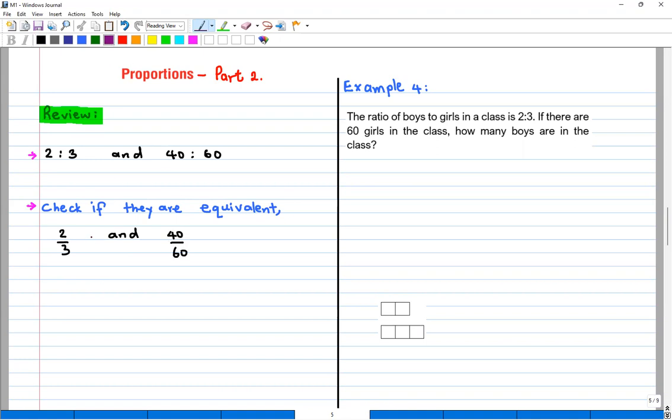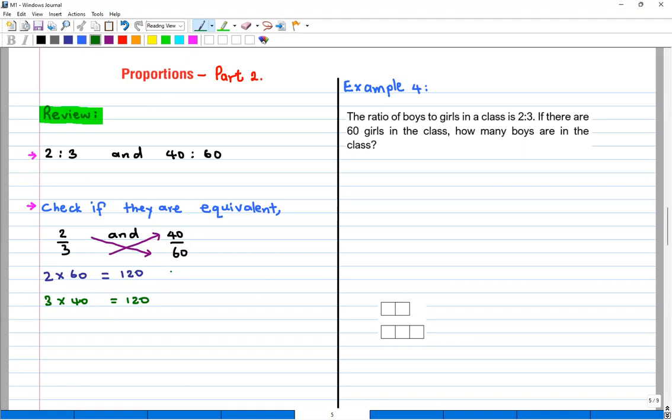Then we use cross multiplication to see if they are equivalent. 2 times 60, we get 120. Then 3 times 40, we also get 120.